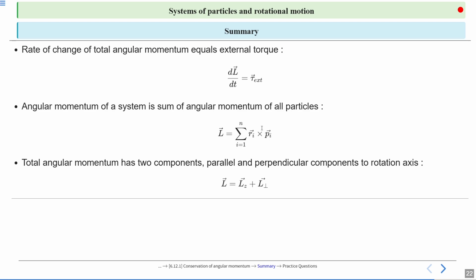Total angular momentum has two components, parallel and perpendicular to the rotation axis. That is L is equal to Lz, that is parallel, plus L perpendicular, that is perpendicular. All right.